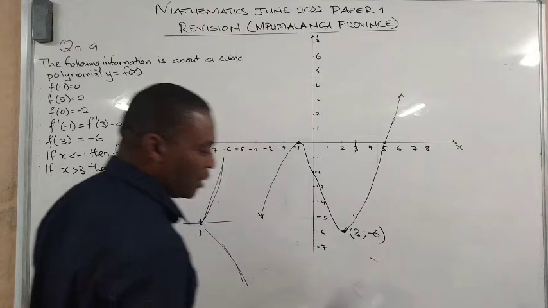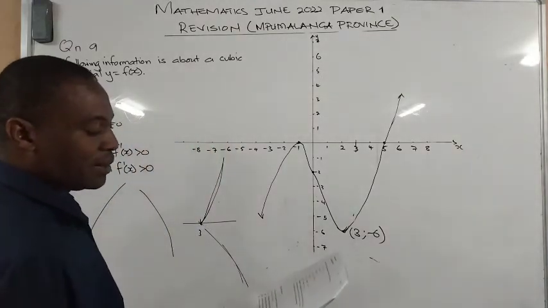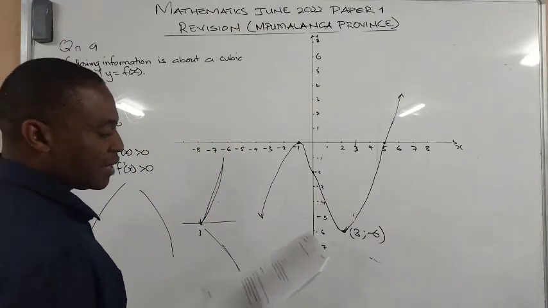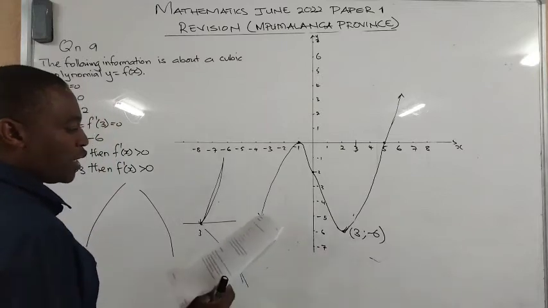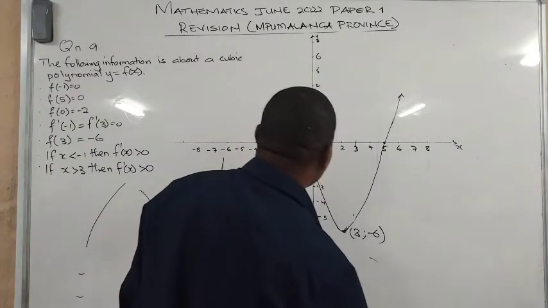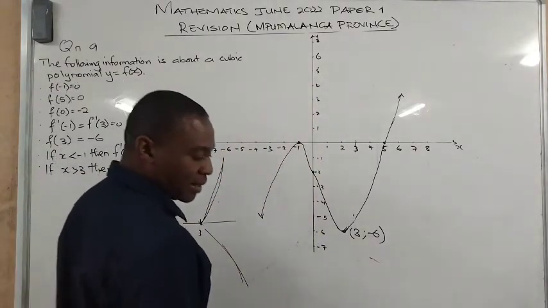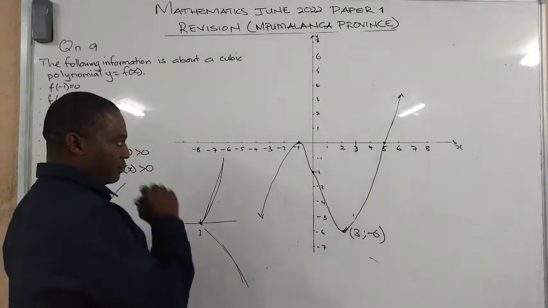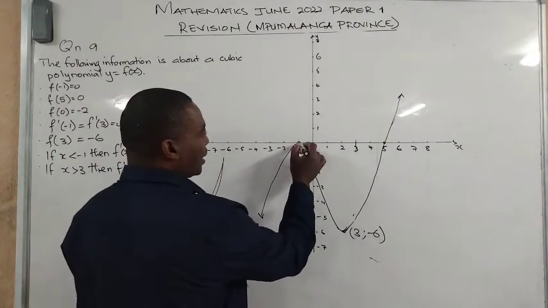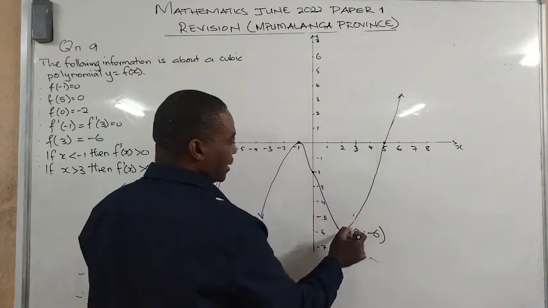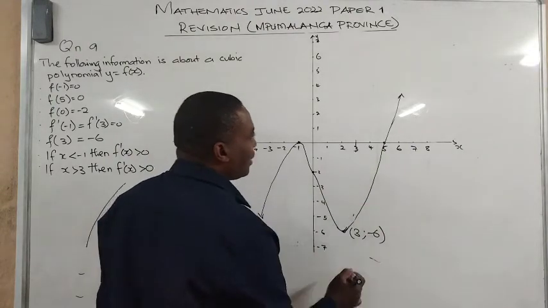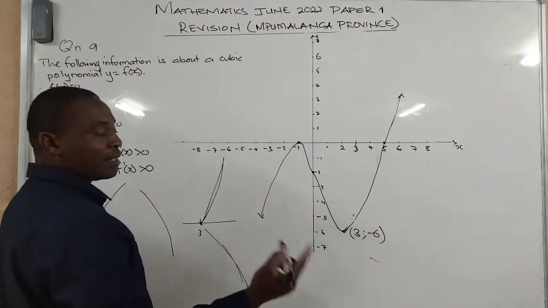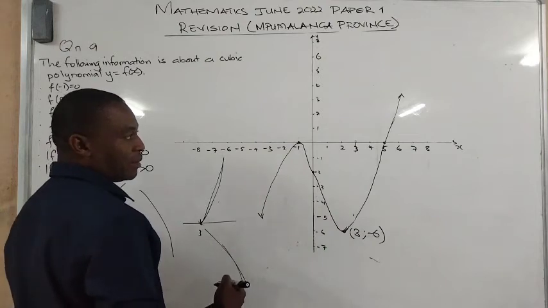9.2. Use the graph to find the x value of the point of inflection. Now, for the point of inflection, the x value only, we use the x values at the turning points and find the midpoint.